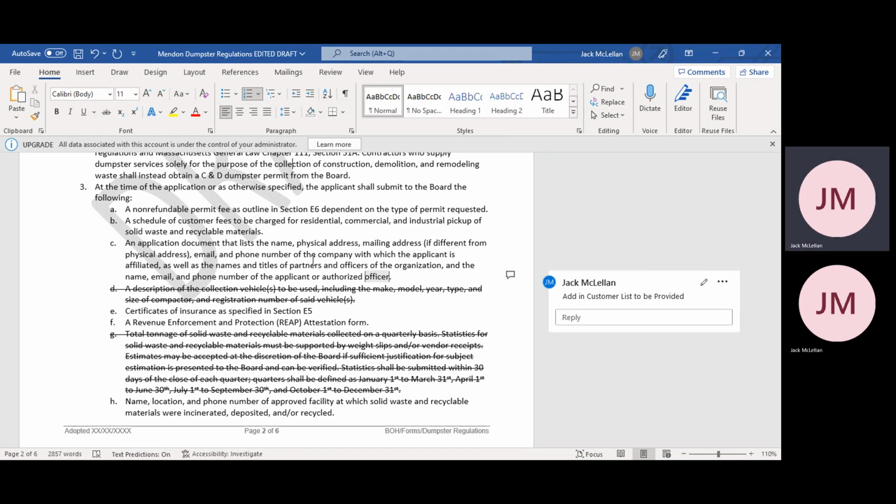I got confused when I was thinking we're directing this towards the residents who are going to hire a dumpster to do a renovation project or clean out a house, who would have to read through this and understand it. But if we're putting it on the people that are actually in the business, this should be like reading the newspaper for them. They should understand this because it's their business.